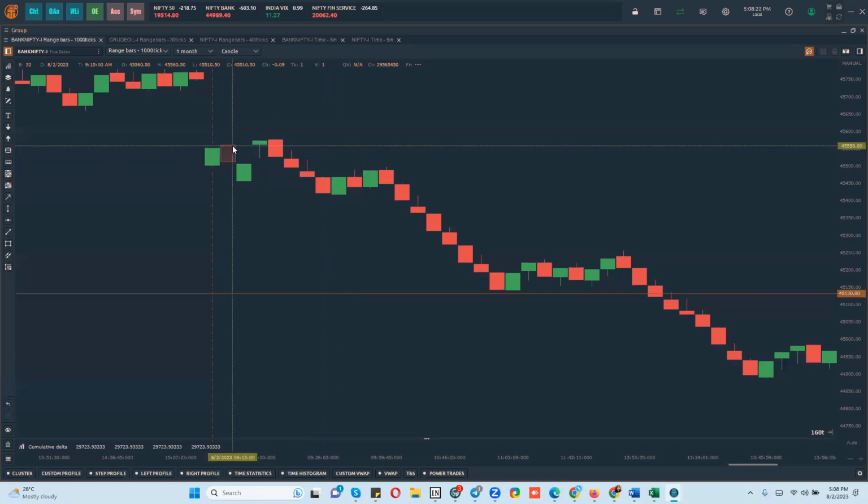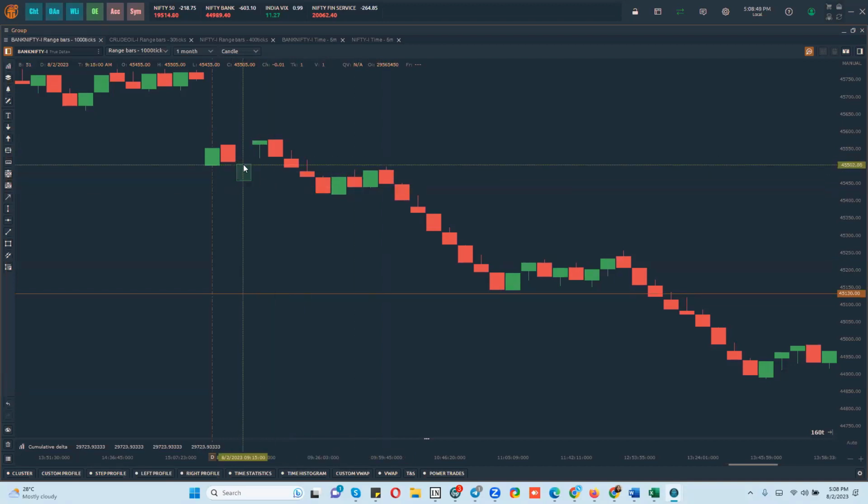Now, what you also need to remember is that every time you see a candle, you will see a wick only either on the upside or on the downside. If it is a green candle, you will see a wick at the bottom, and if it is a red candle, you will see a wick at the top. Why is that?